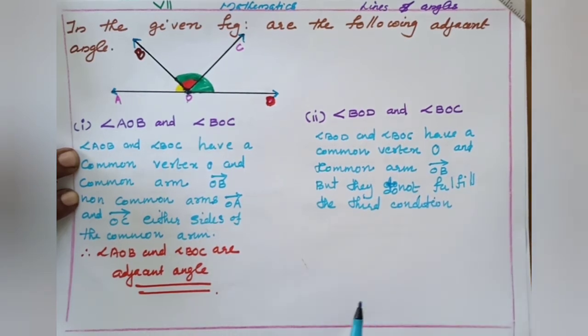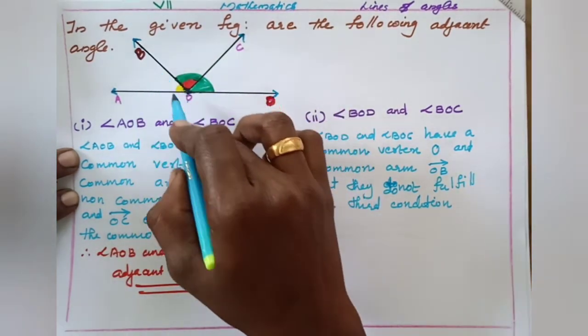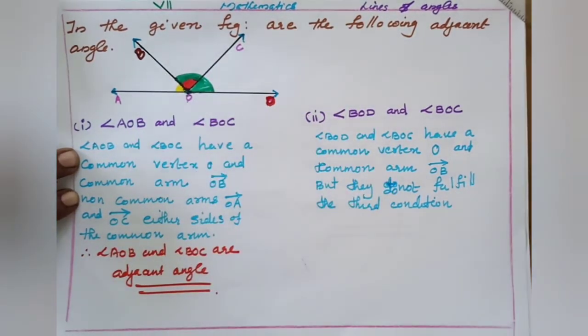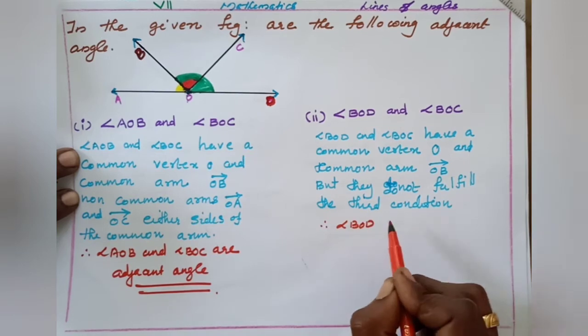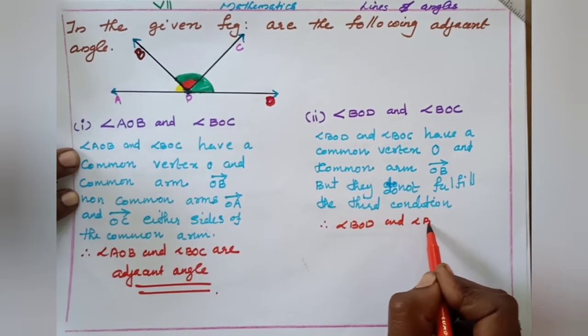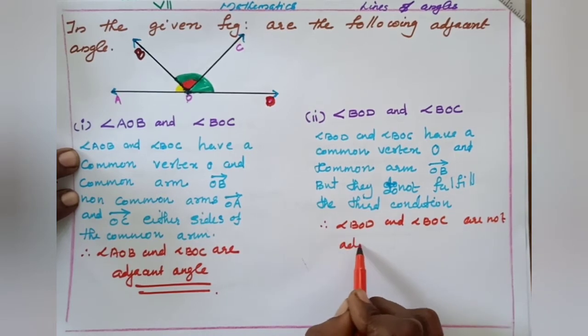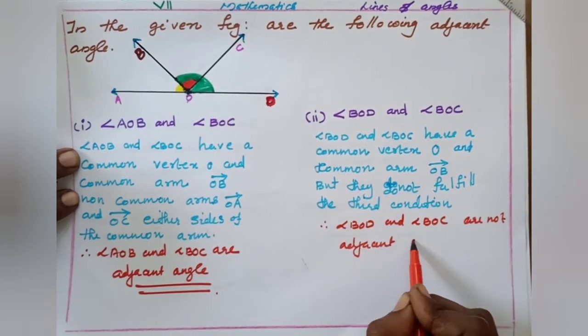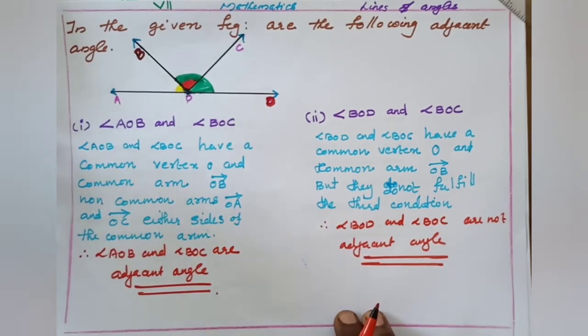Therefore, angle BOD and angle BOC are not adjacent angles. Okay, understood all of you?